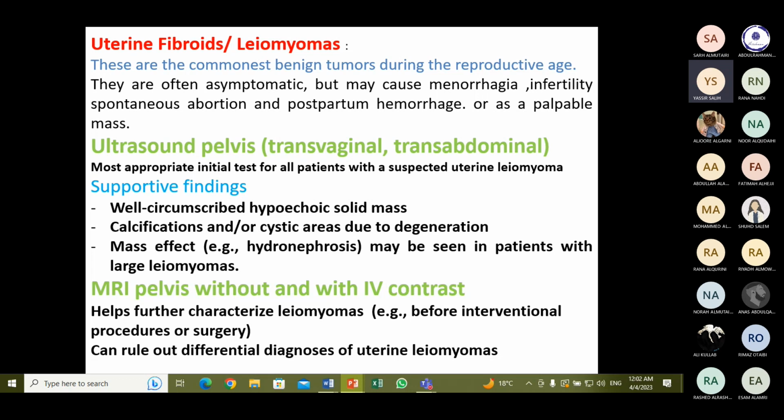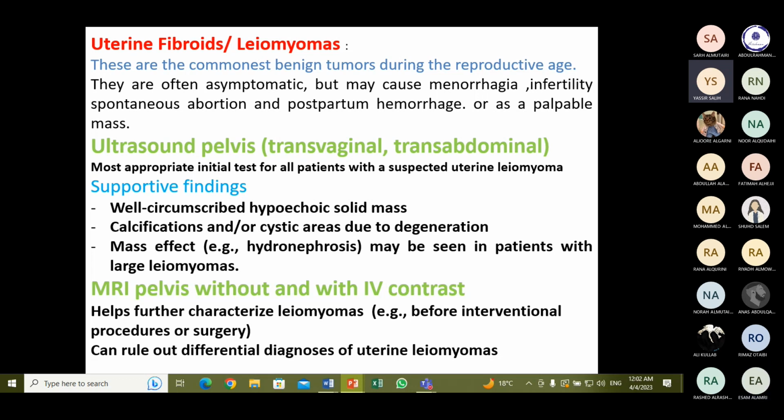Usually the patient is asymptomatic, and sometimes may present with excessive menorrhagia, or it can be a cause of infertility if it is in the subserosal areas, for example. And if it is quite large, it can cause abortion, meaning miscarriage. It can also be a cause of postpartum hemorrhage. And sometimes it may present with a palpable mass.